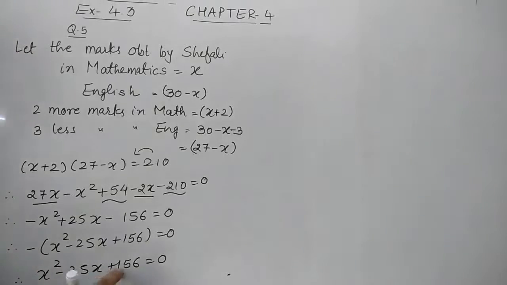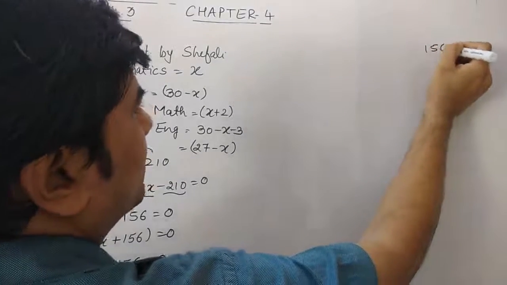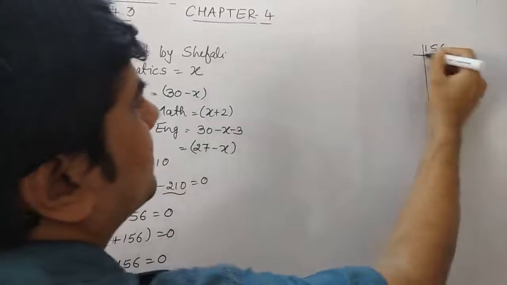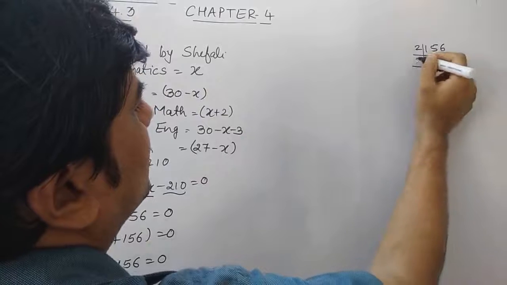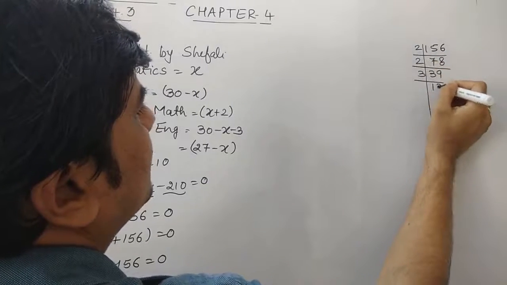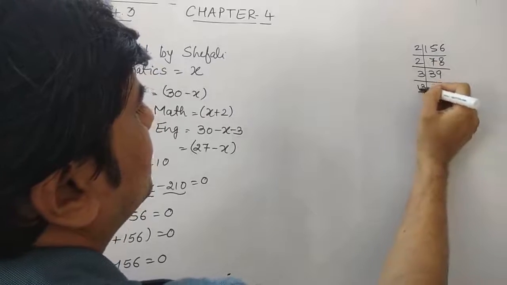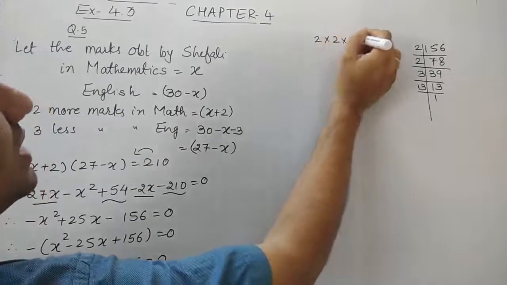Now we have to find the factors of 156. Let's go for the prime factors of 156. 2 7s are 14, 2 3s are 6, 3 13s are 39, and 13 1s are 13. So the prime factors are 2 into 2 into 3 into 13.